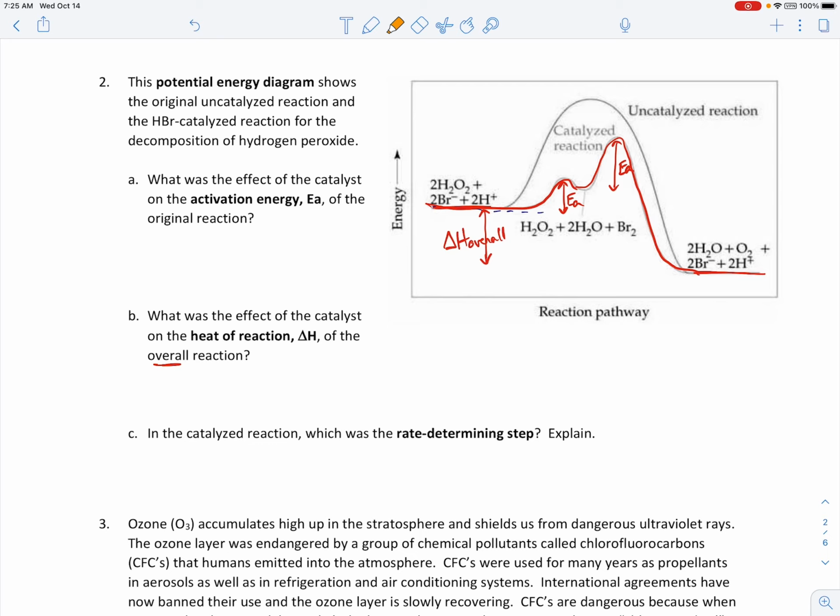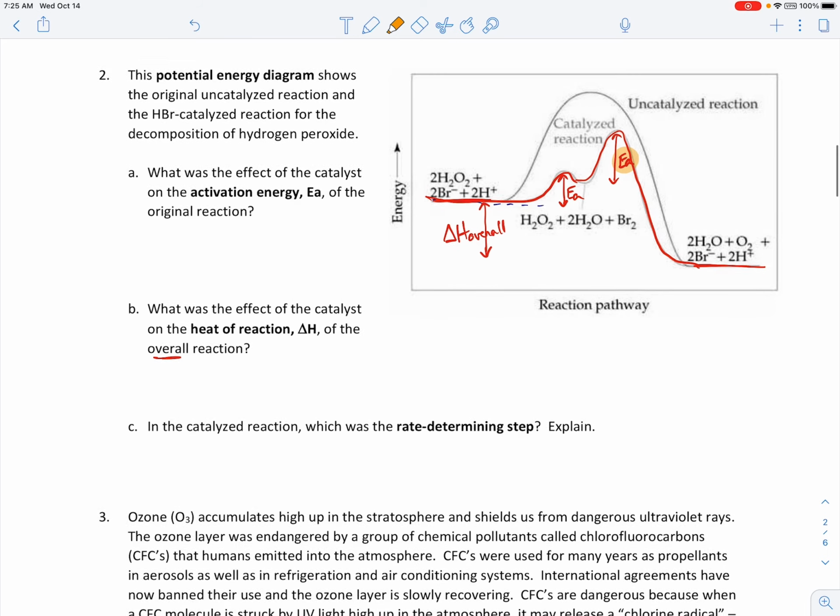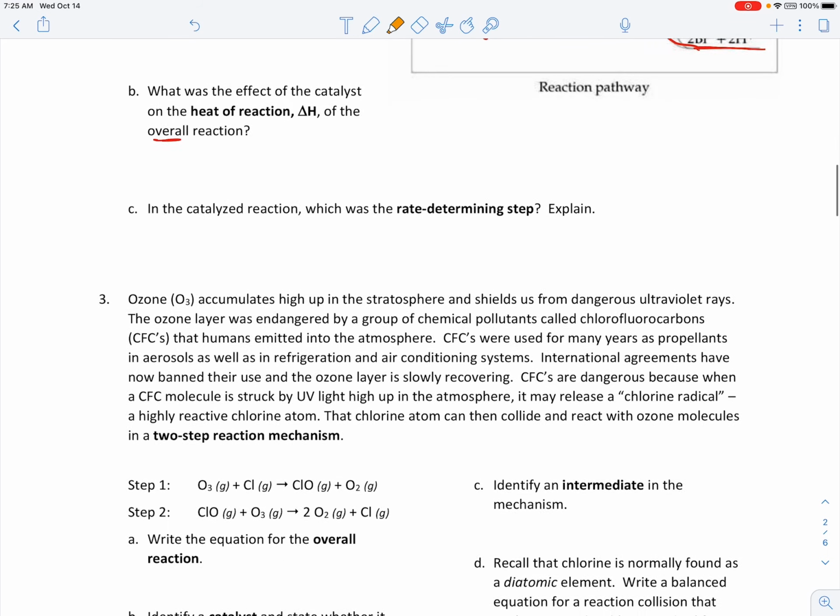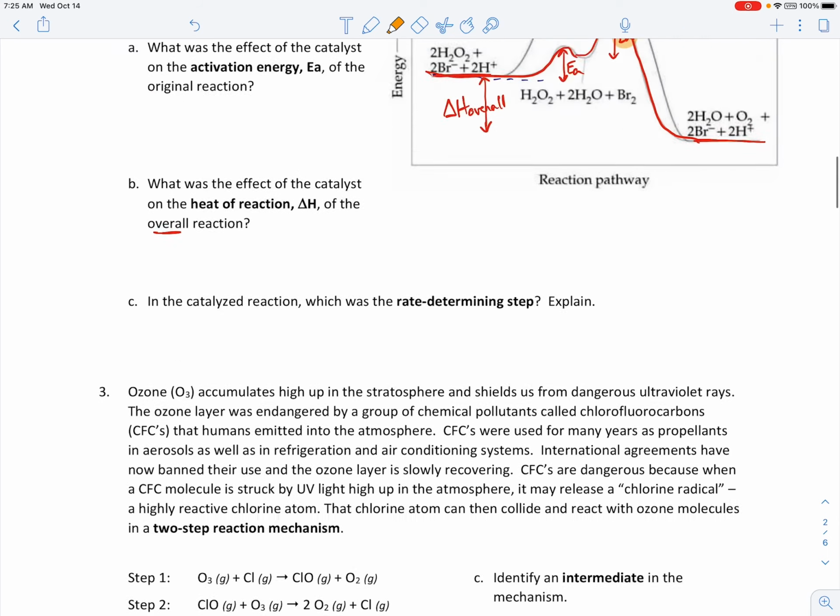Looking at the two activation energies that I drew, the one that's the largest is the second one. Not because it reaches the highest point, but because the height of that second hill is taller than the height of the first hill in the two-step mechanism. So step 2 was the rate determining step.